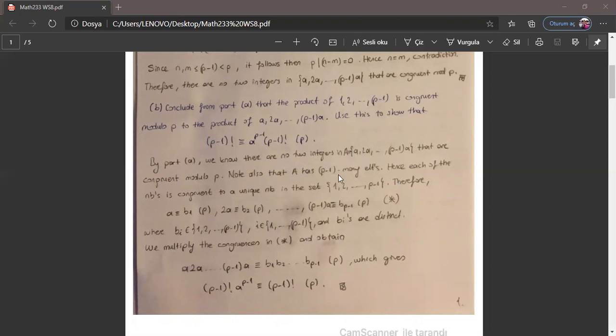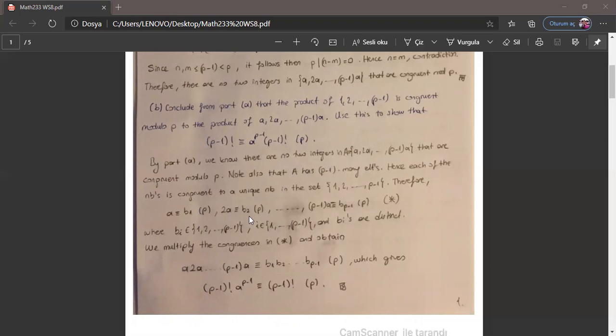The congruence number should be less than p, and this congruence should be unique, right? Again, from the previous part we obtained this. Then what do we have? a should be congruent to b1 modulo p, till here we have that.